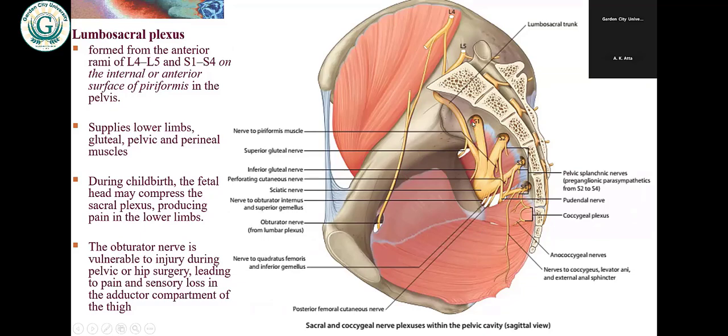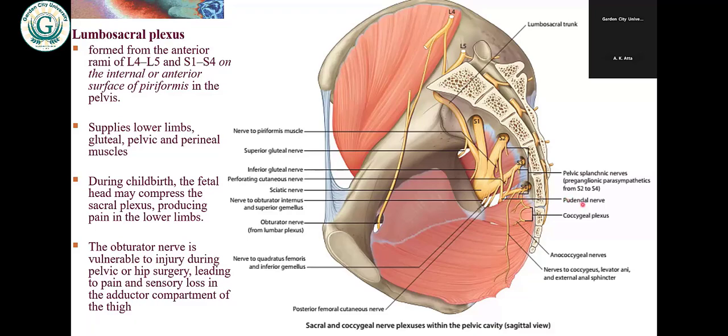L4, L5, S1, S2, S3, S4 form the lumbosacral plexus. The nerve that we are interested in is this one here, the pudendal nerve. From S2, S3, S4, a nerve emerges. The anterior rami of S2, S3, S4 form this pudendal nerve.